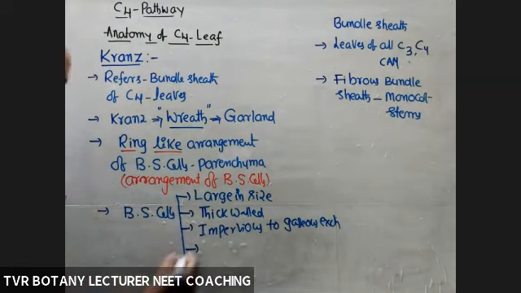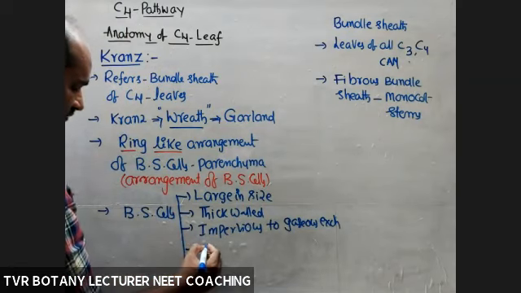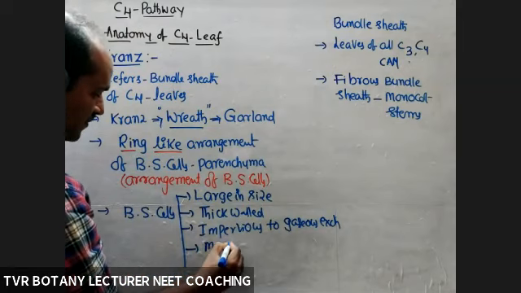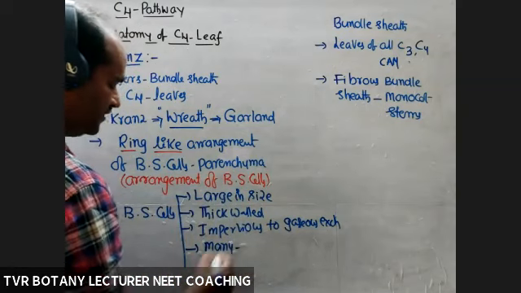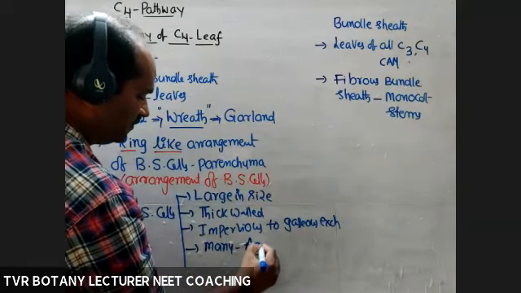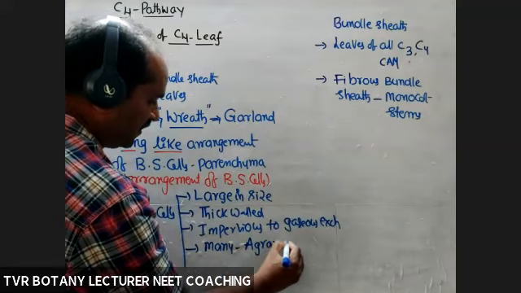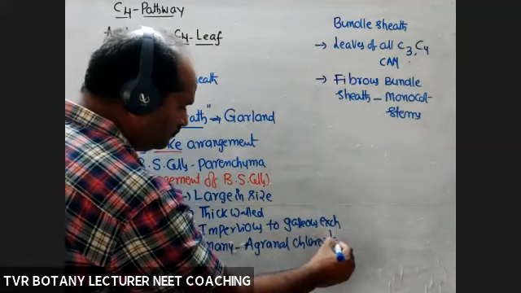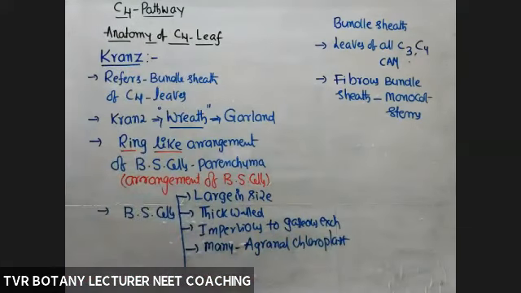With numerous chloroplasts. Simply I'm writing many. What type of chloroplasts? That is also very, very important. Many agranal chloroplasts. So that is the specialty of the anatomy of the C4 leaf.